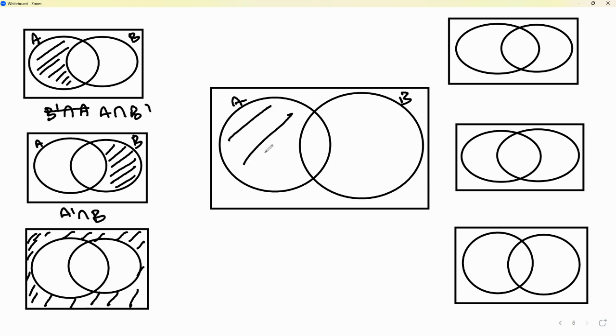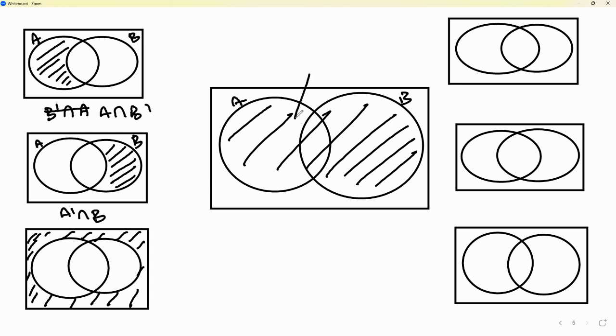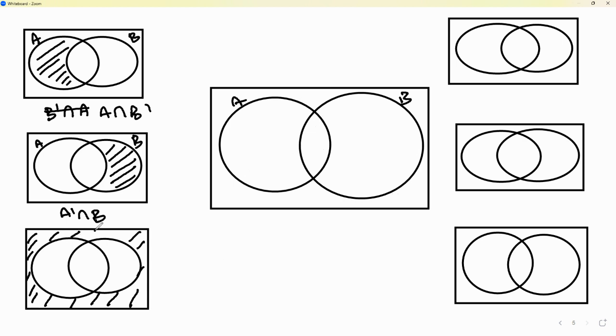And remember, that's everything that is not that, right? And what is that? That is A or B. So it's not A or B. This one here is going to be not A or B. So you find A or B and you just find not A or B.